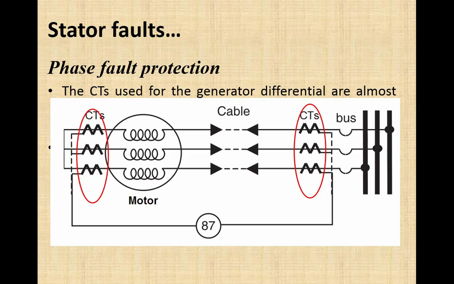Now some student may ask this question: then how to provide protection to the cable which is used to connect the generator with the bus? Then we have a separate protection for that cable or connecting leads in case of a generator. But generator differential will only cover the generator stator winding, nothing else. But motor differential will also cover the cable which is connecting this motor to the bus.